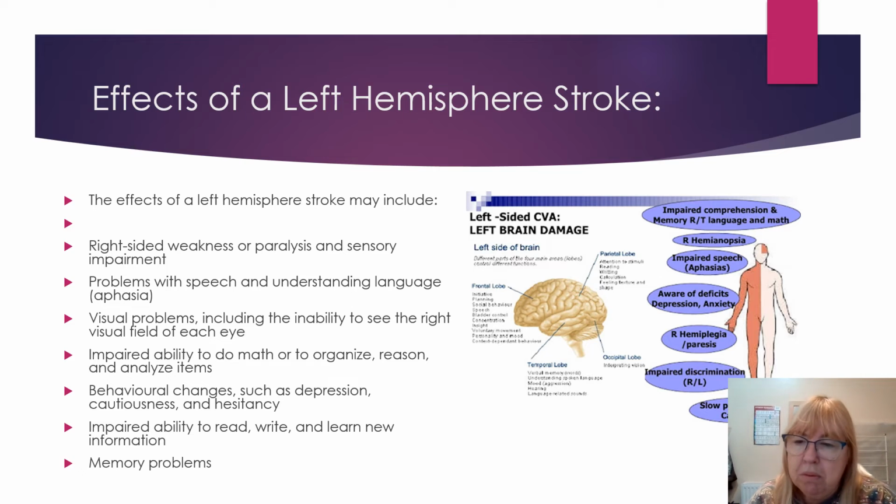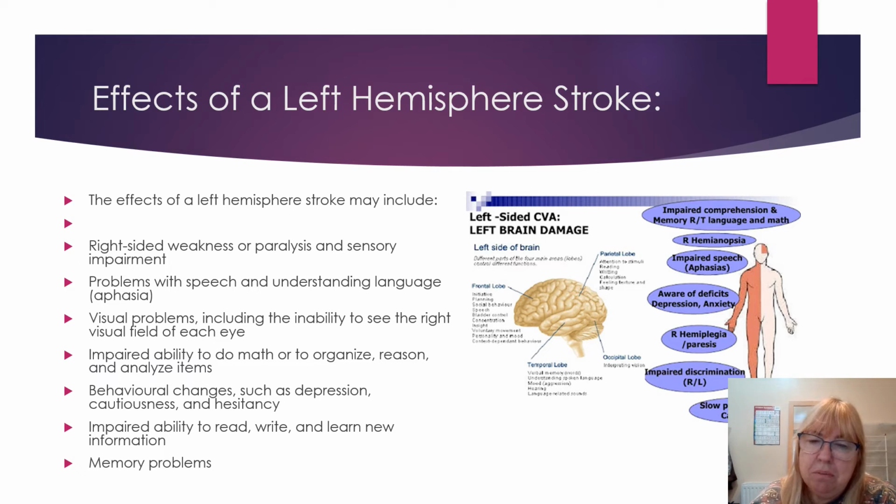They have more problems with speech than on the other side and understanding language. They start to get all their speech topsy-turvy, or they can't remember the words for something, or you can ask them a question and they don't really know what you're talking about when they did maybe a couple of days ago. Visual problems are the other way around. They lose the ability to see the visual field on the right side of their eye. Okay. So again, all the weaknesses happen to the right.